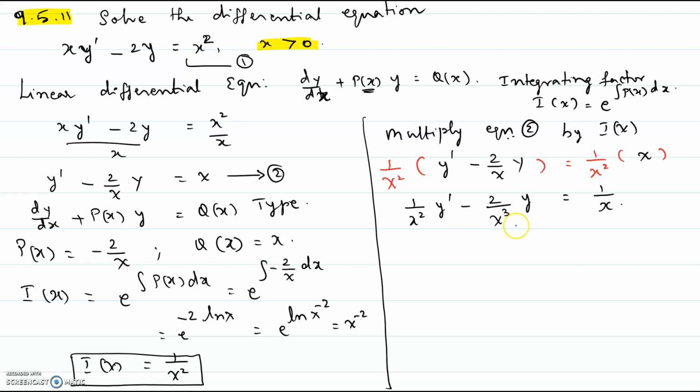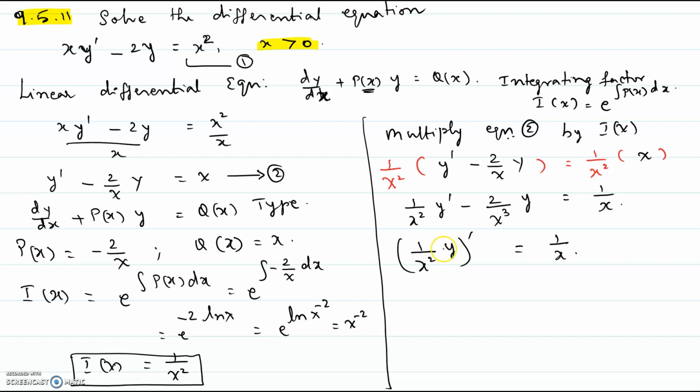So the left hand side can be written as the derivative of 1 over x squared times y, the derivative of that equal to 1 over x. So if you notice here, when you differentiate this, it's 1 over x squared times derivative of y.